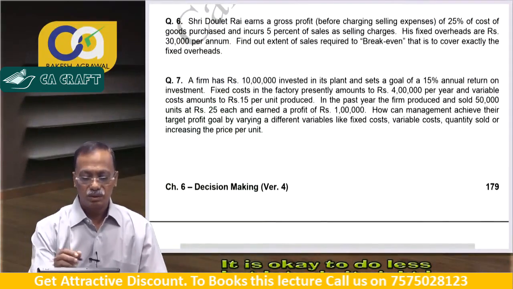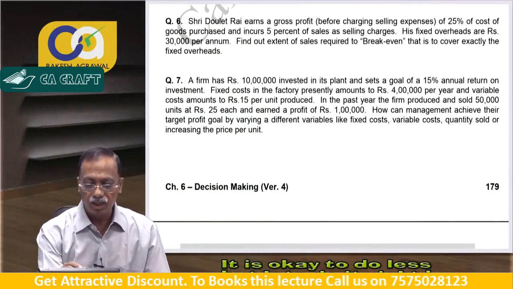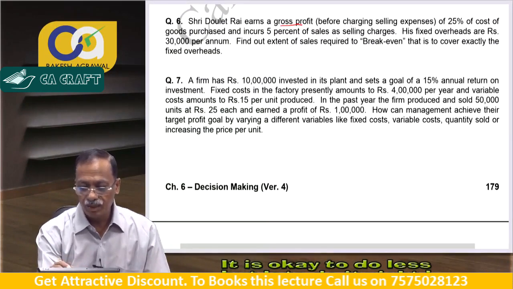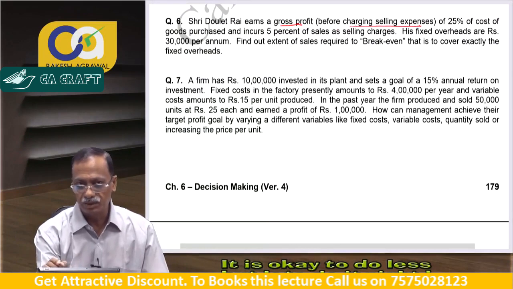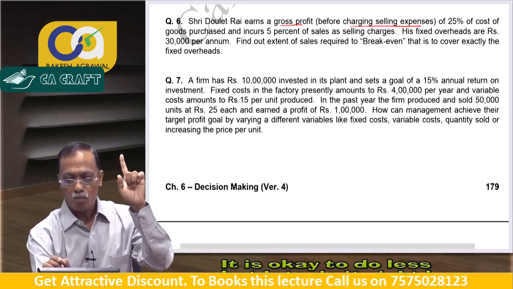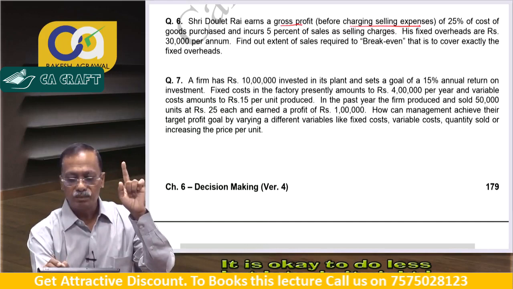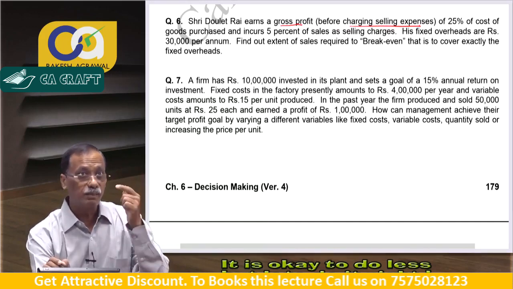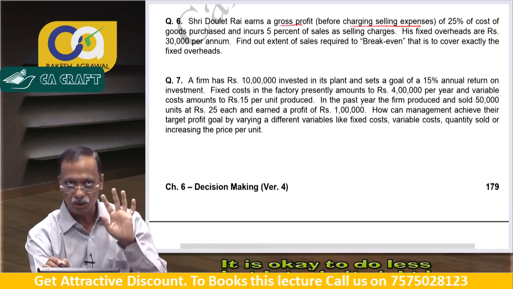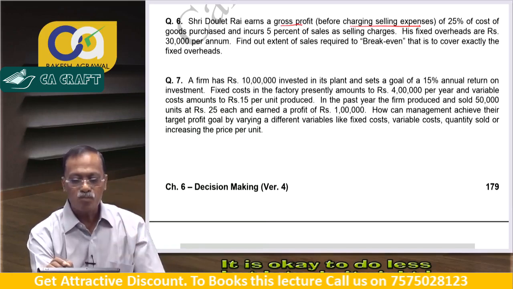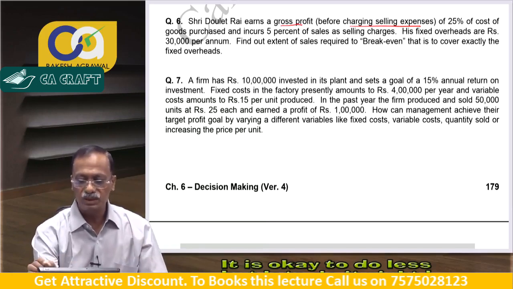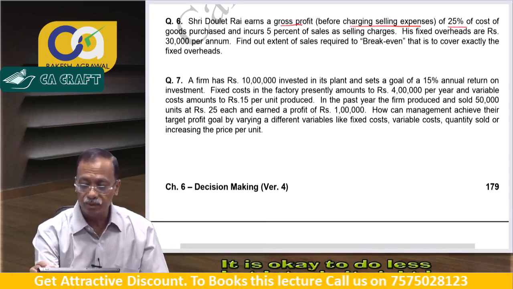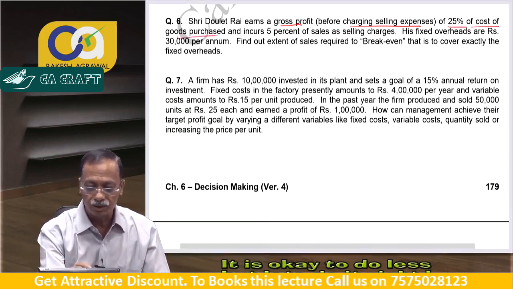Question number 6: Shri Daulat Rai earns a gross profit. But this gross profit is calculated before charging selling expenses. Naturally, gross profit is calculated before debiting selling expenses because selling expenses are debited to the profit and loss account, not the trading account, correct? So he earns a gross profit before charging selling expenses of 25% of cost of goods purchased.